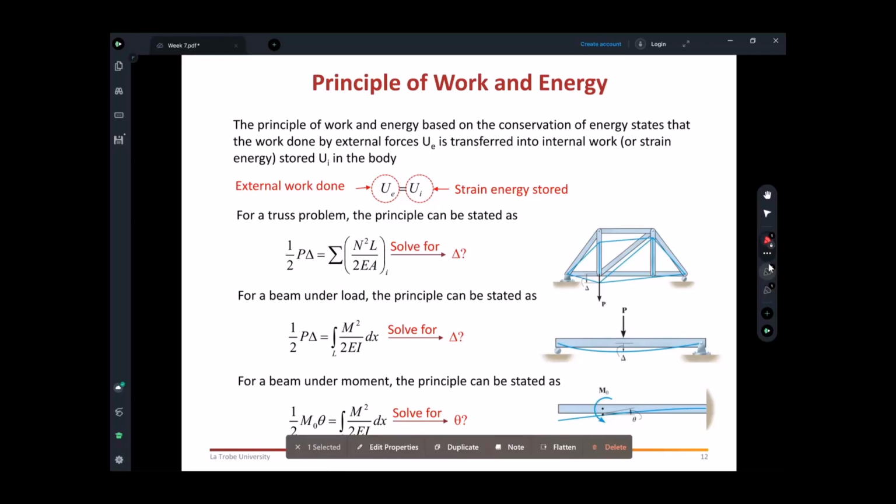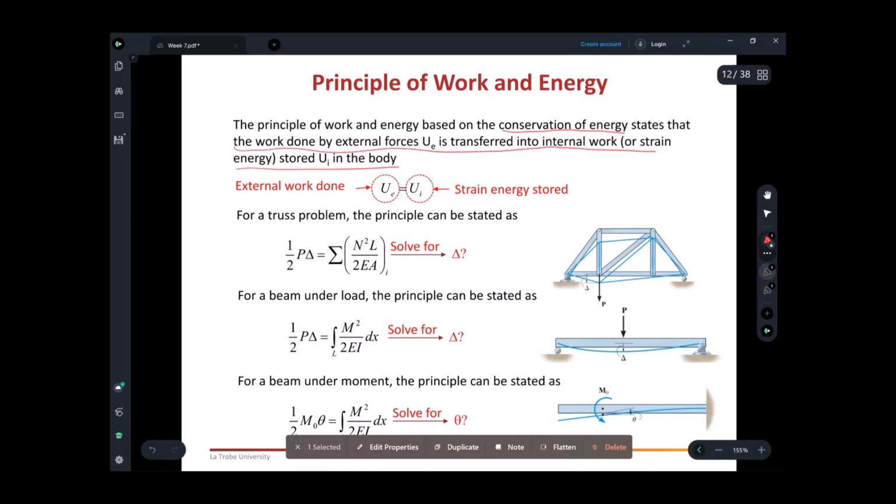Now there is a term called the principle of work and energy, and that is a new word coming: conservation of energy. What is conservation of energy? It states that work done by the external force is transformed into internal work done in the body.